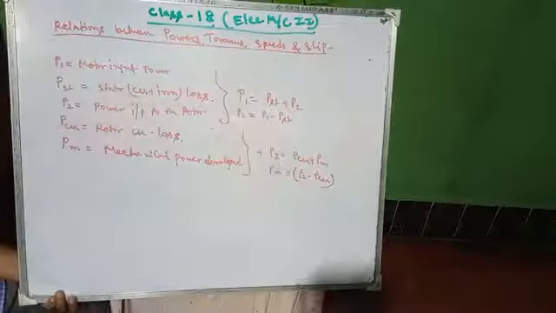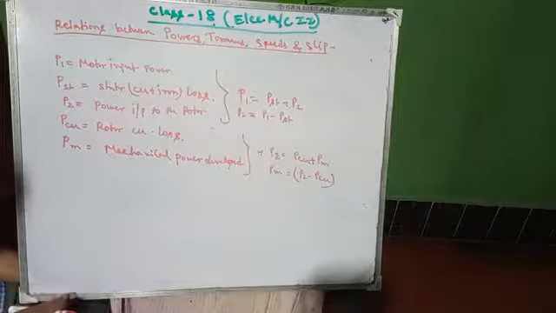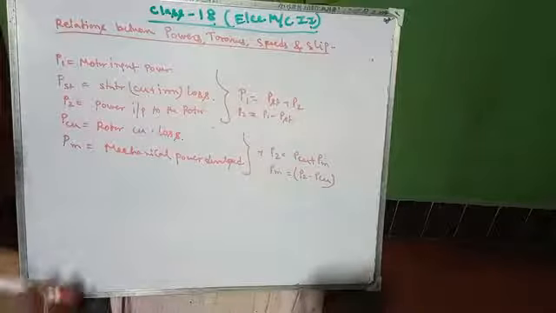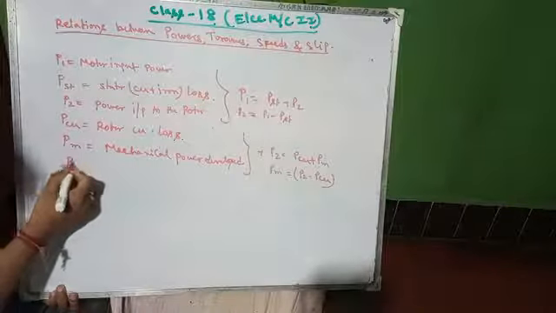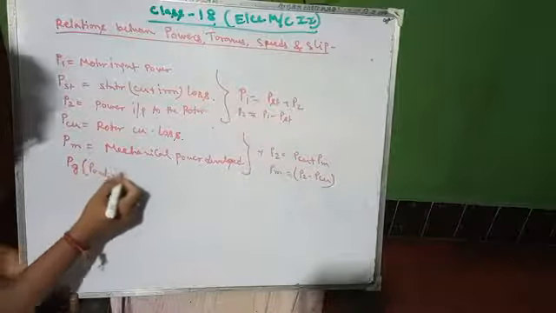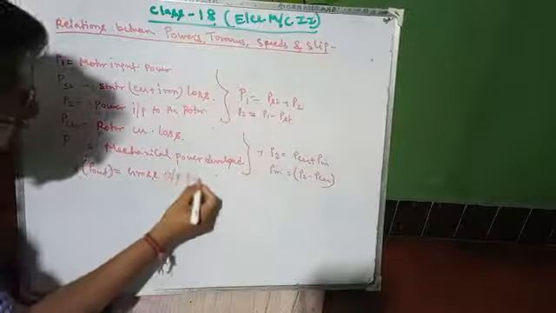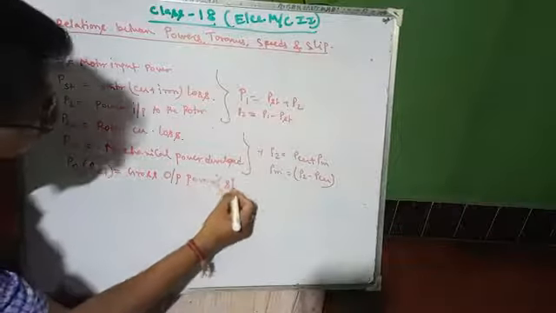Then PG or P out, gross output power, or you can say shaft power.